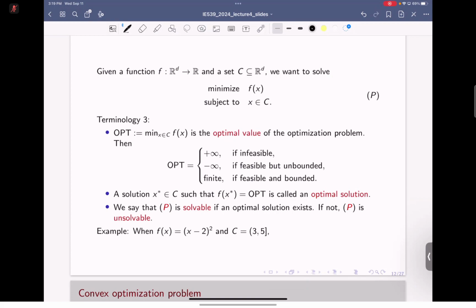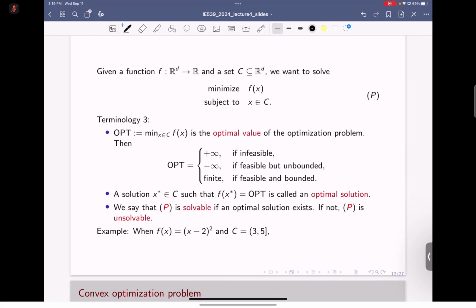Okay. Again, the problem is feasible because the set C is not empty, and this is bounded. Again, the quadratic function is always non-negative. But is it solvable or not?